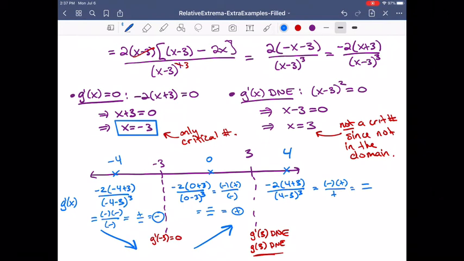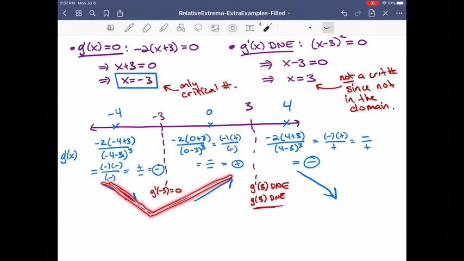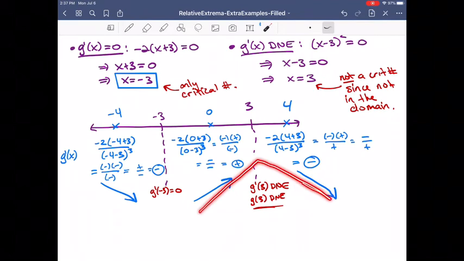So here I have a negative over a positive, which is going to give me a negative overall. So I'm going to be decreasing. So it looks like at negative 3, we're going to have a relative minimum, and maybe at x equals 3, we get a maximum value.